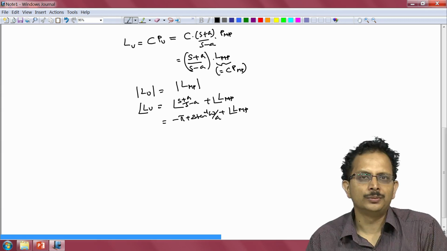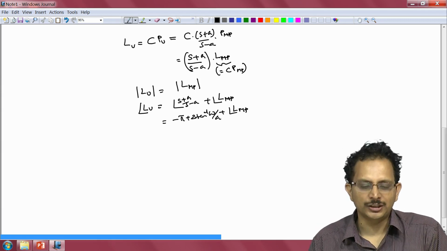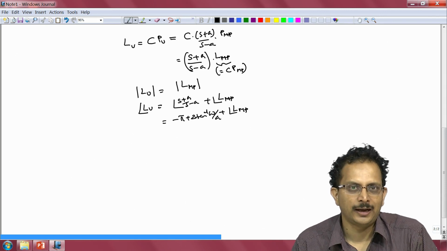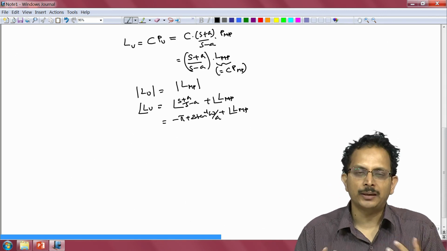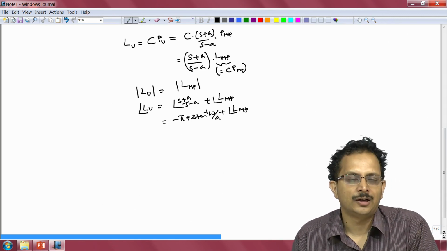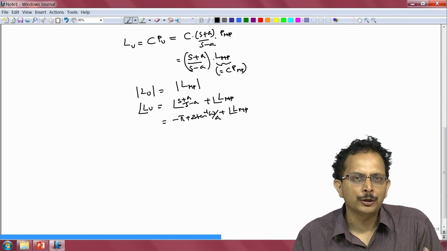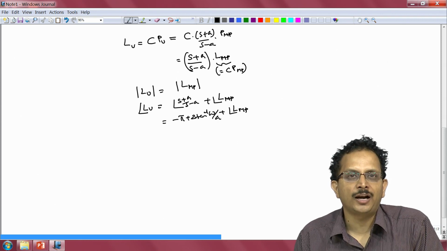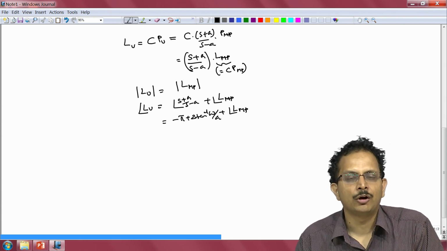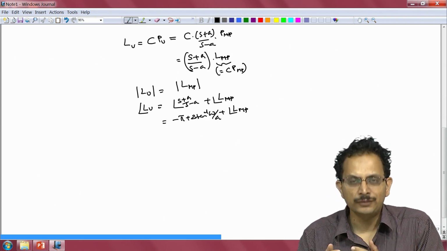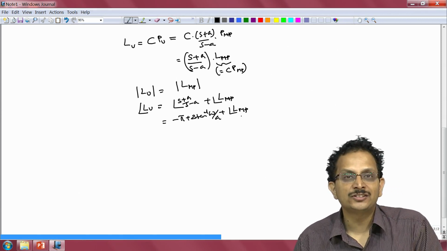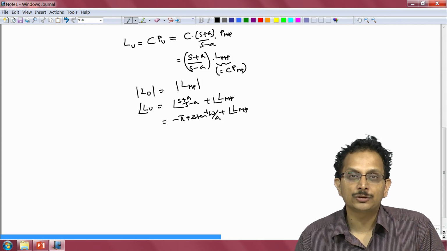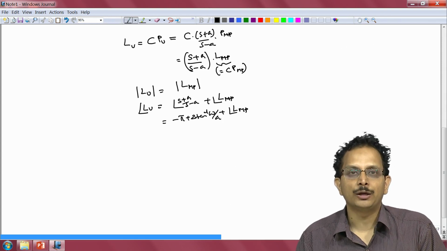Now let us assume that our minimum phase transfer function has an integrator as part of its structure, presumably because we are expecting good performance at very low frequencies, and in particular we will be expecting 0 tracking error for DC references or for DC disturbances. If that is the case, then our L minimum phase has an angle of minus pi by 2 around omega equal to 0.